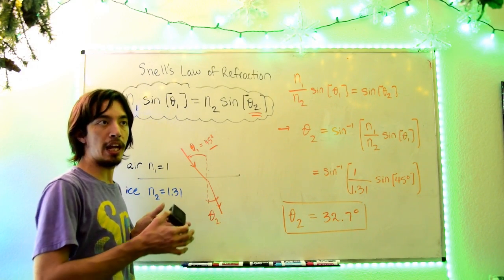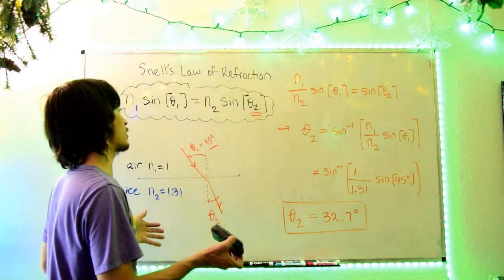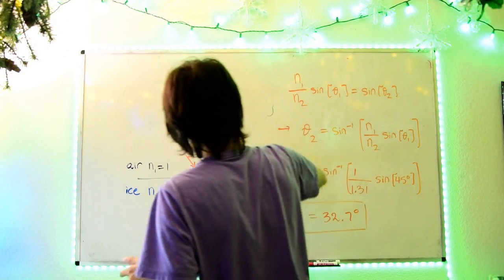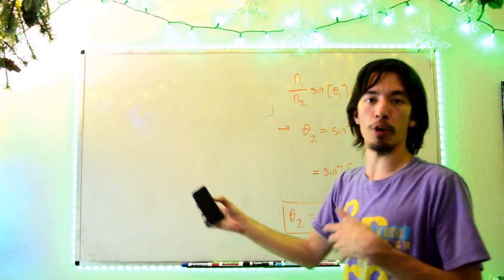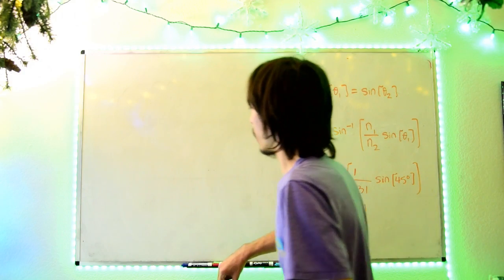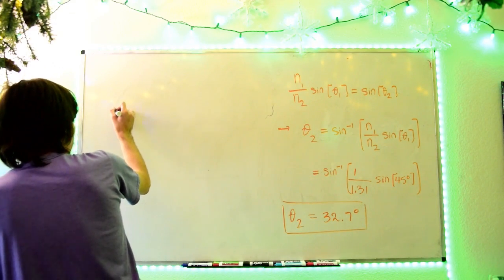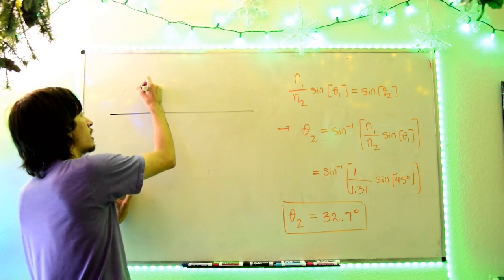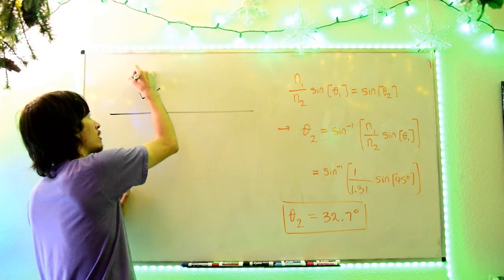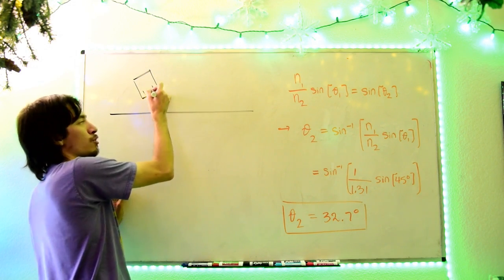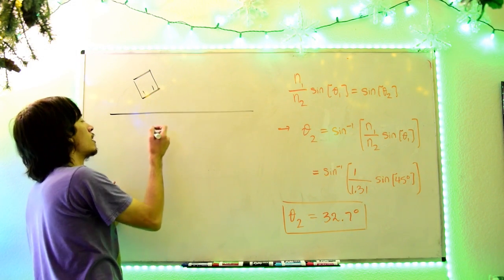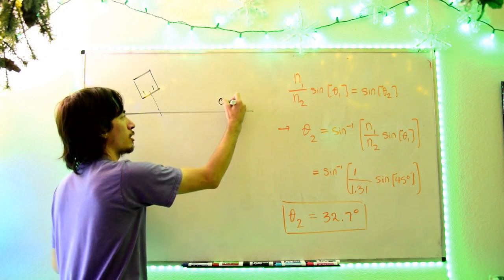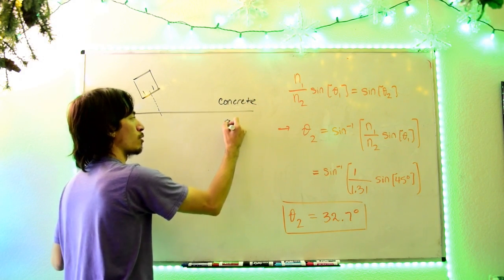So if that doesn't satisfy you, then here's a little bit more of a conceptual detail, which I won't go into depth with because it's a little bit more beyond the scope of the class. But you can think of it this way. Here's a little analogy. If you had a lawnmower, and here's the two front wheels on the lawnmower, and you drive the lawnmower from, this could be concrete, and then here's the grass.